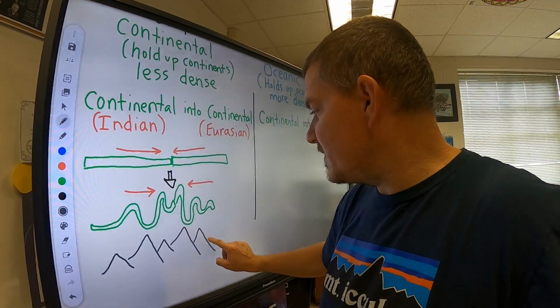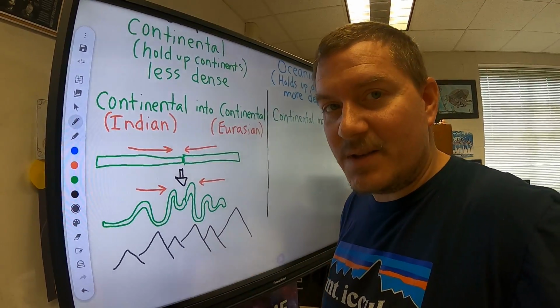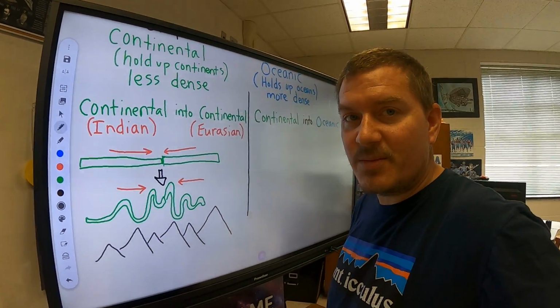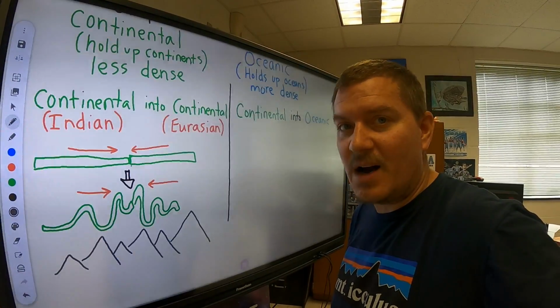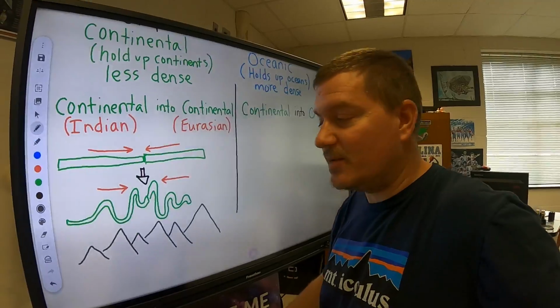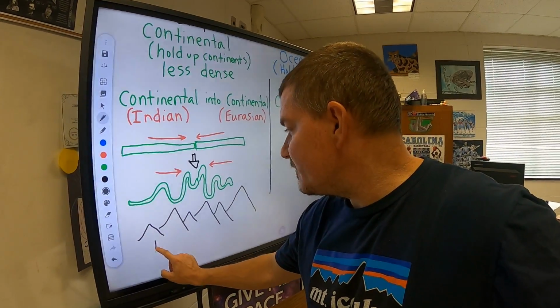Some of the biggest mountains on the planet are made in this form, where you have convergent plate boundaries between a continental and a continental plate.